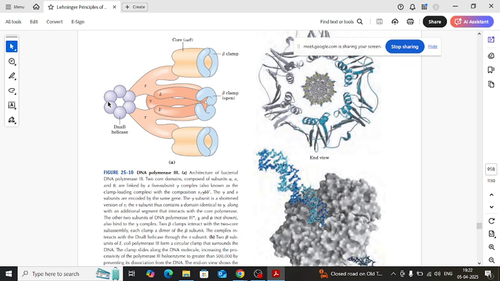Helicase will migrate and continue to break the hydrogen bonds so that the DNA will be denatured. That's how the replication fork proceeds, and each of the core subunits is associated with the beta clamp, so that it can hold the template DNA here and incorporate the incoming nucleotides.